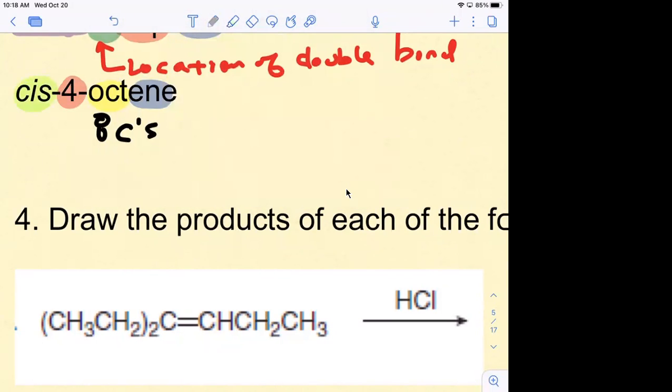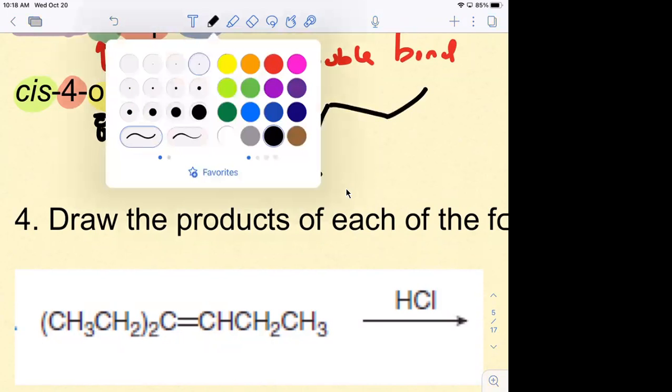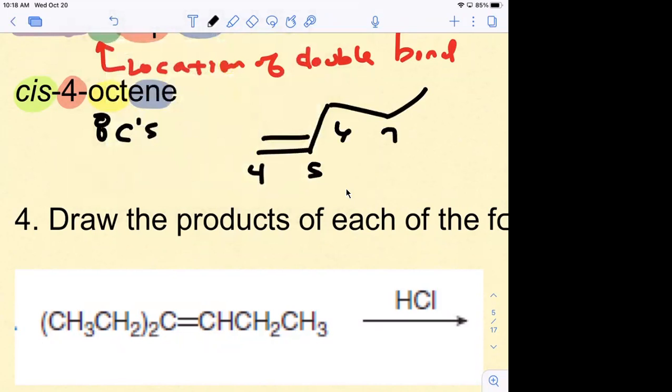So let's draw the double bond in first. So I'm going to do that like that. So this is 4 and this is 5. We know that because it's 4-octene. So the double bond is going to be between carbon 4 and carbon 5. But the fact that it's cis, I need to make sure I indicate that. So this will be 6, 7, 8. Is that right? This is carbon 6, carbon 7, carbon 8. And then at carbon 4, since it's cis, this has to be 3, 2, and 1.